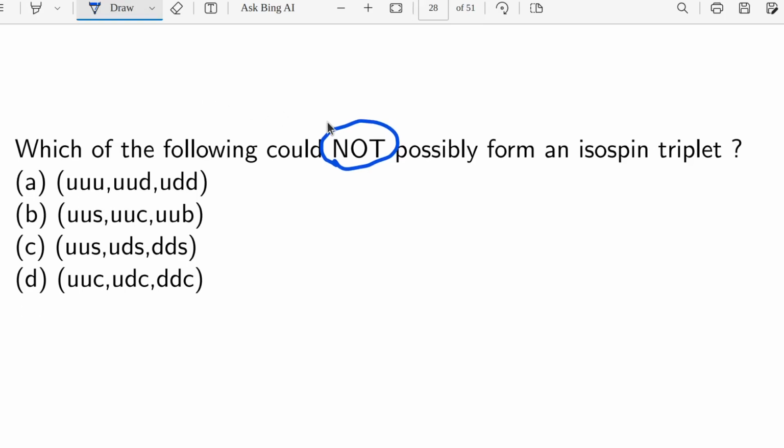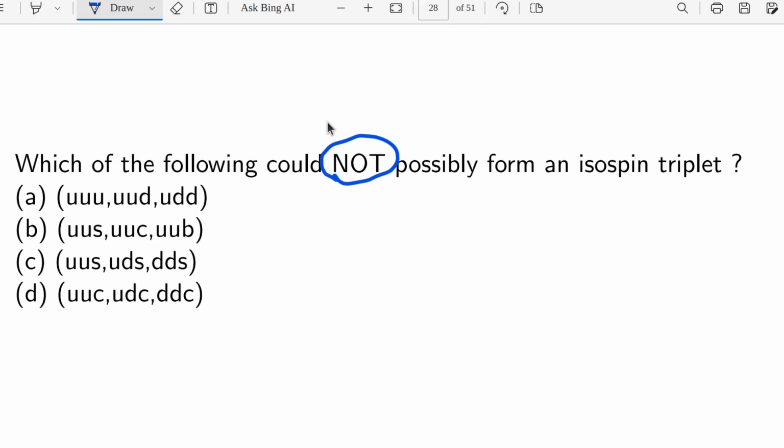So which of the following could not possibly form an isospin triplet? You can see here it is written "could not." That means which one cannot be the isospin triplet. So what is basically an isospin triplet?